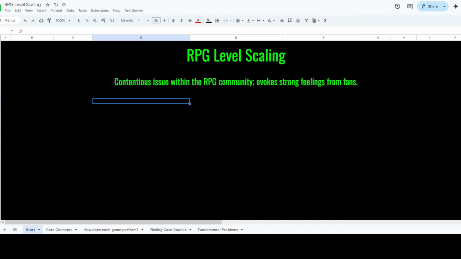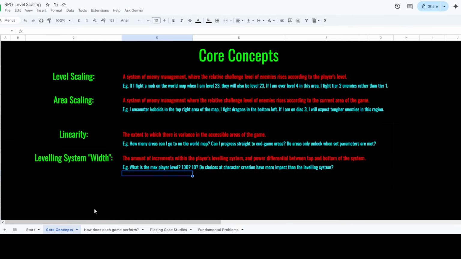Level scaling. So here we are talking about how different RPGs handle the enemy level management. We normally start off with some core concepts. It's pretty brief this time around.